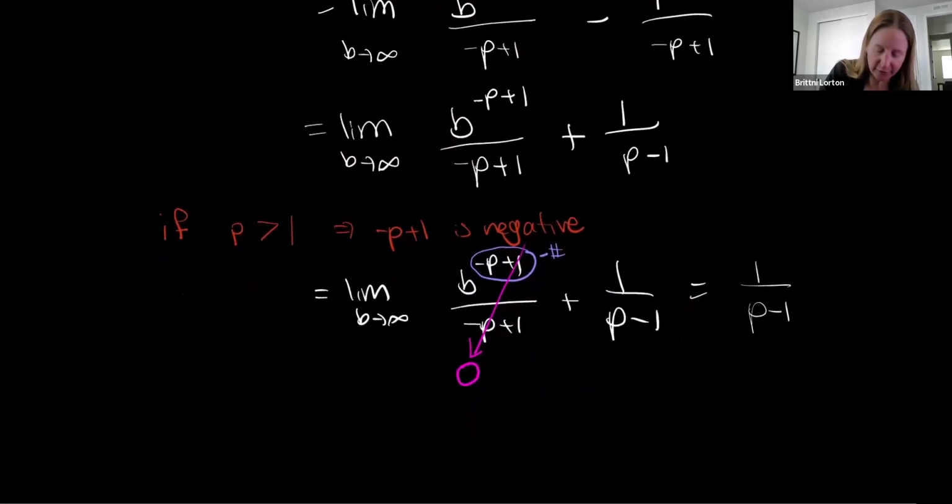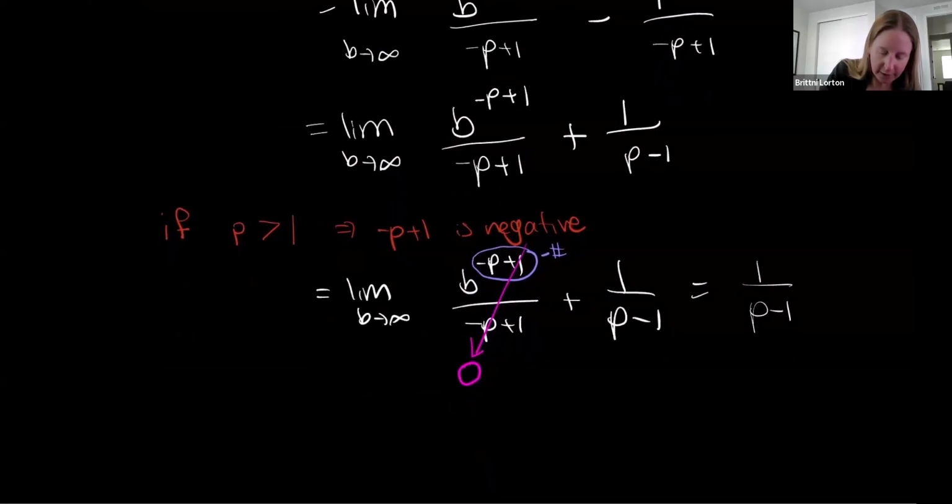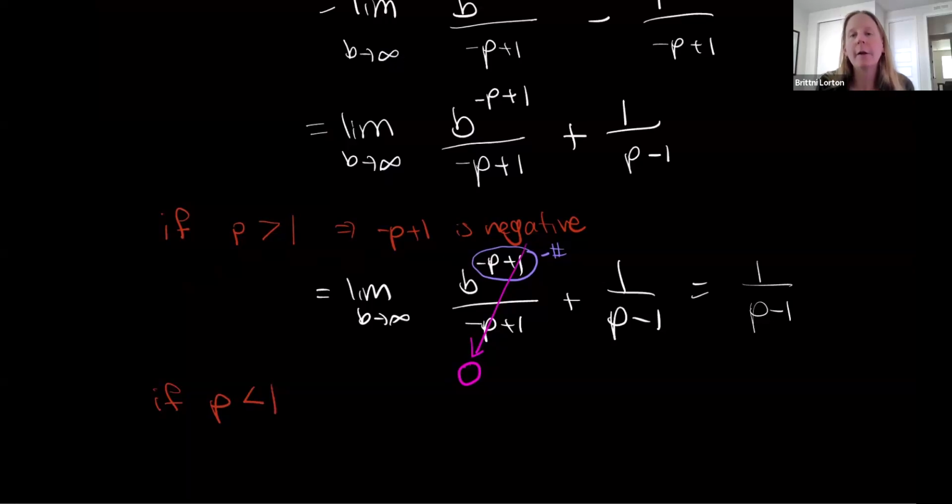Let's do another what if scenario. I'm going to now think about it if p were less than 1. Think about it like if p were 0. If p were 0, then this exponent, negative p plus 1, would become a positive number.